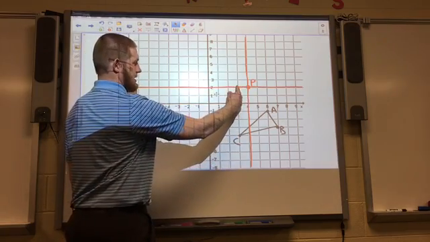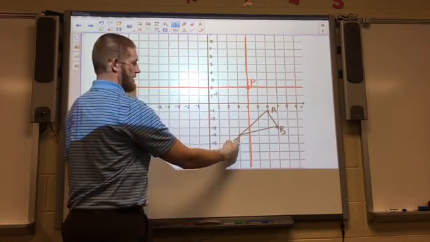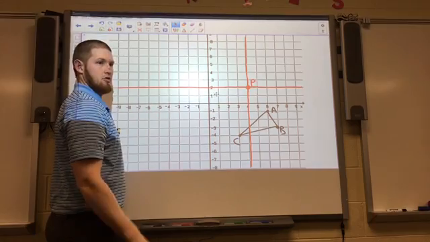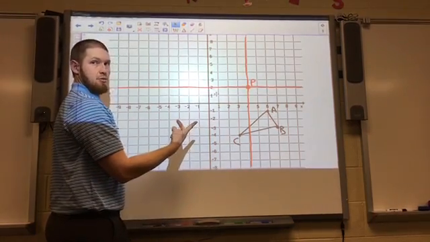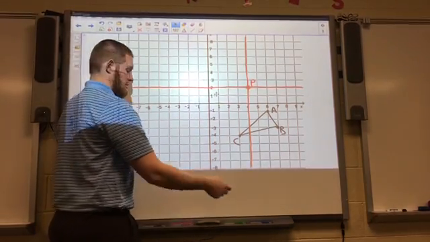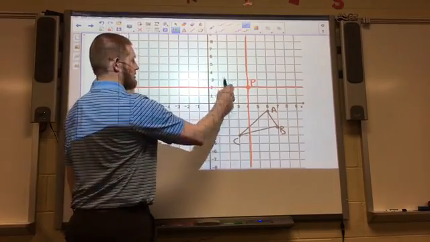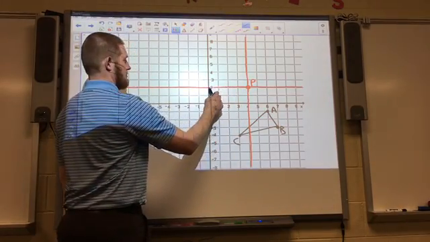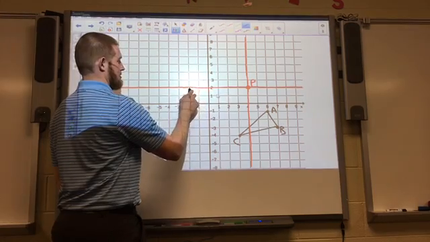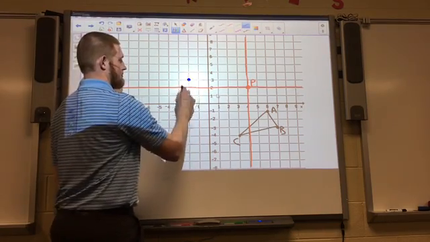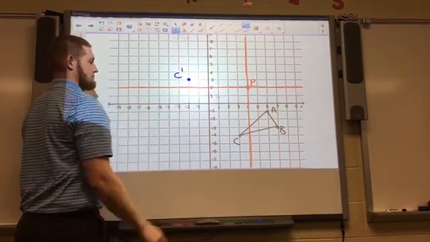Right now it's -1, -6. So I switch that, and then a 6 comes first, and then a 1, right? But it needs to be up here, so it needs to be -6, +1. And that would be C prime.